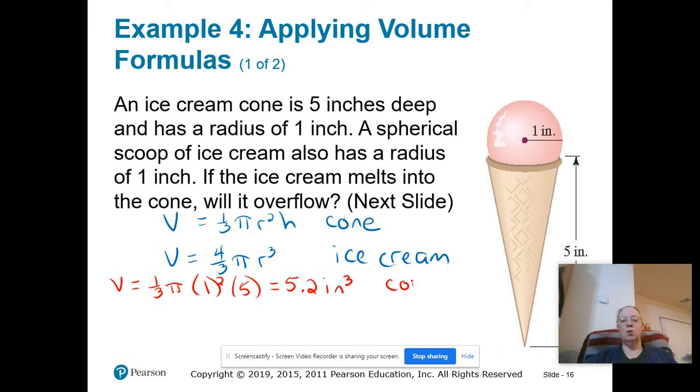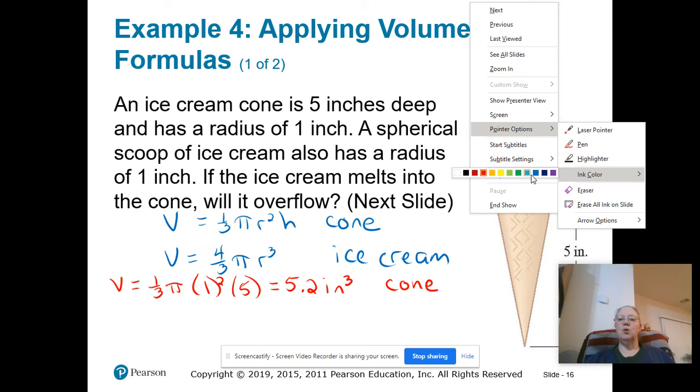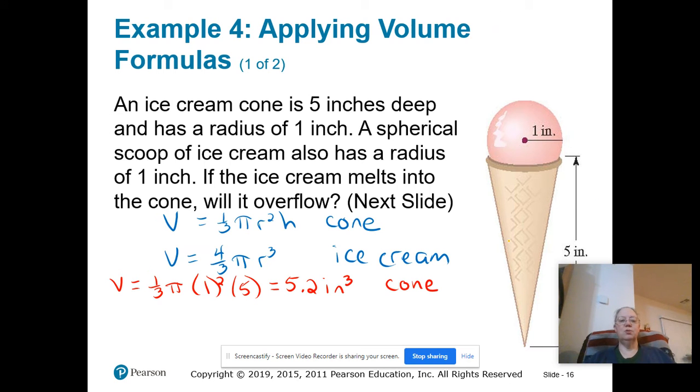All right, and now we have to find the volume of the ice cream. So let's use orange. The ice cream, 4/3 pi times the radius. Again, the ice cream also has a radius of 1 inch.